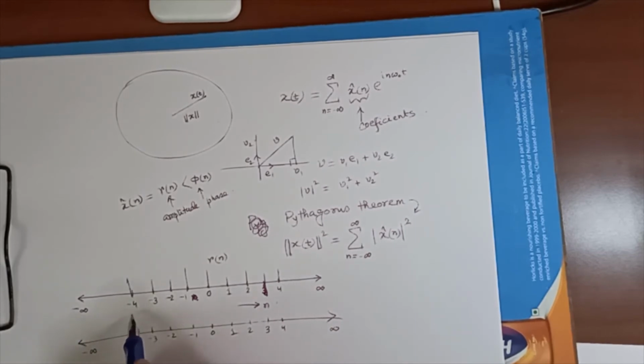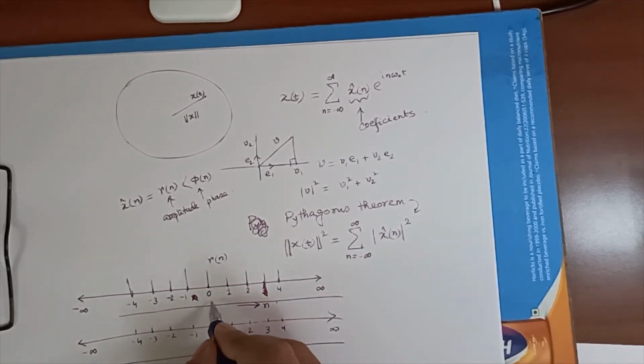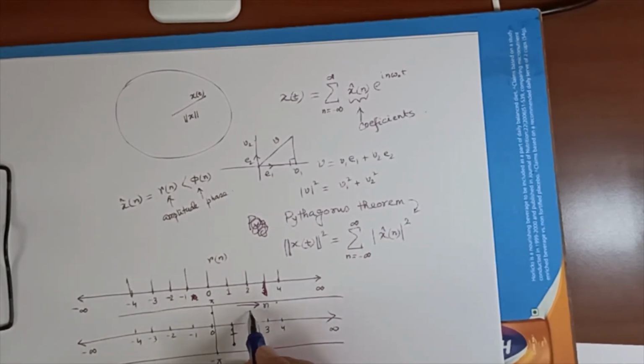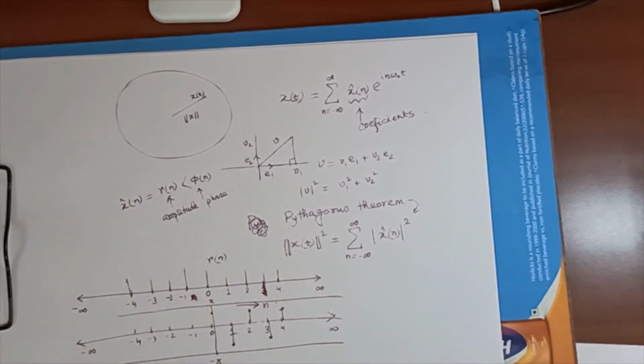And the angle can be between plus pi and minus pi, or 0 to 2 pi, whichever way you write. I can write between minus pi and pi, and for every value you will get some number. So this is the way of representing the complex number sequence.